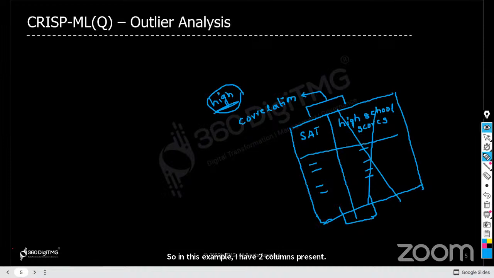In this particular example, when I found that the correlation between these two columns is very high, which indicates the values present in the SAT column are more or less the same as the high school scores column, then I don't have the need to have two columns. So in such cases, I'll go for removing the duplicate columns. I've told you before the example of removing the duplicate rows. This is removing duplicate columns.